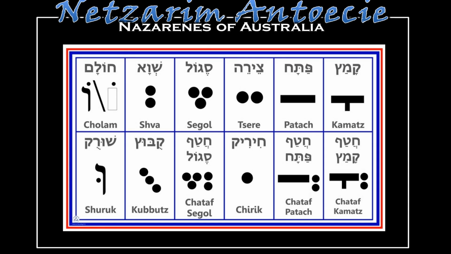Cholam, that is the O sound. Shuruk, that's a long U. And kubutz is a shorter U. Then we have a combination of chataf segol. And it has, as you can see, a shva with a segol after it. Then we have chirik, the I sound, chataf patach, the short A after the shva, and then we have chataf kamatz, a longer A after the shva.